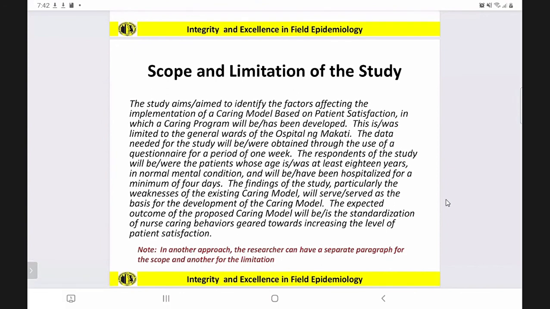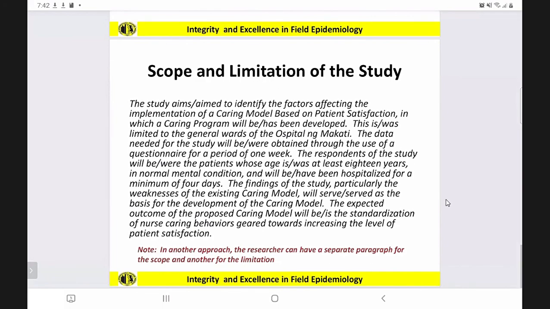So the protocol has to be well developed in the future tense, so that when you make the final report, when you already have your results and you are ready for the conclusion as well as the discussions, that's the time that you will change everything from the first page down into the past tense. Okay, next slide please.